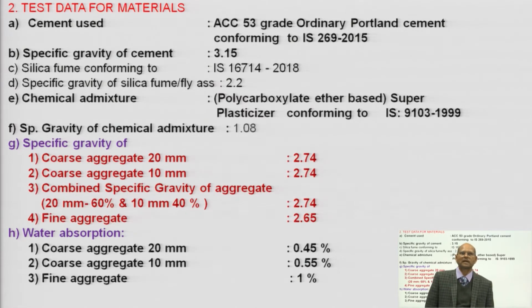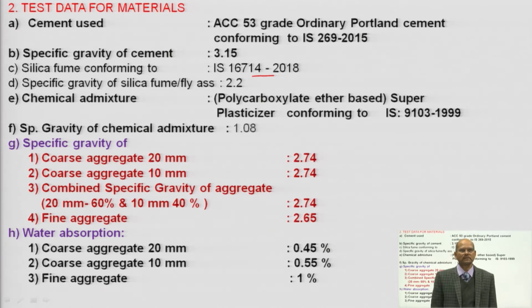So, we have taken the brand ACC 53 grade ordinary Portland cement. We have done the experiment and got the specific gravity of cement as 3.15. Then silica fume also we have got from the site; its specification we are supposed to take from IS 16714, and we will verify this code.